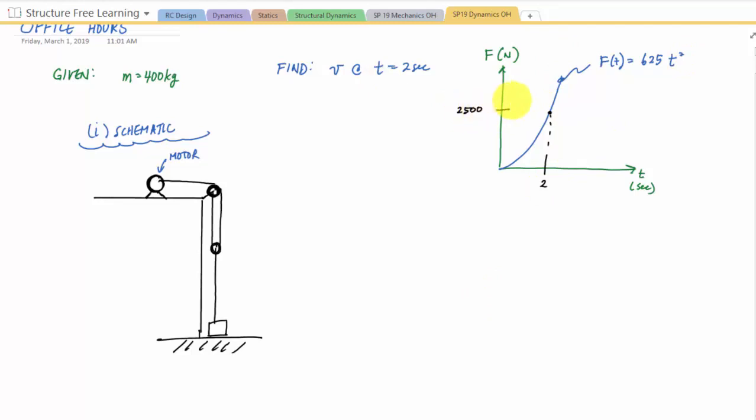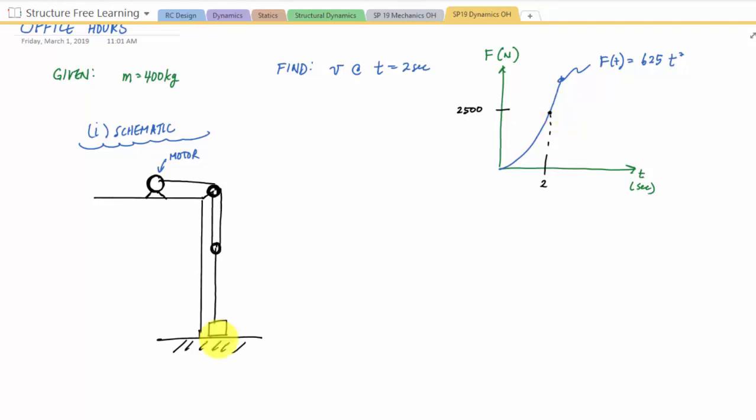So what do I need to do in this problem? The force increases from 0 to 2,500 newtons in 2 seconds, and I have to determine the velocity of the crate.